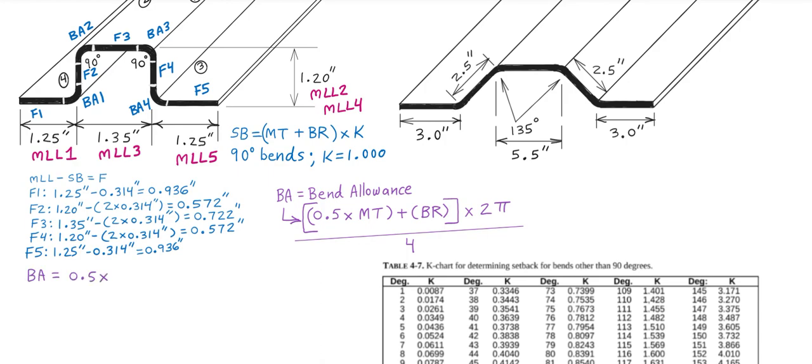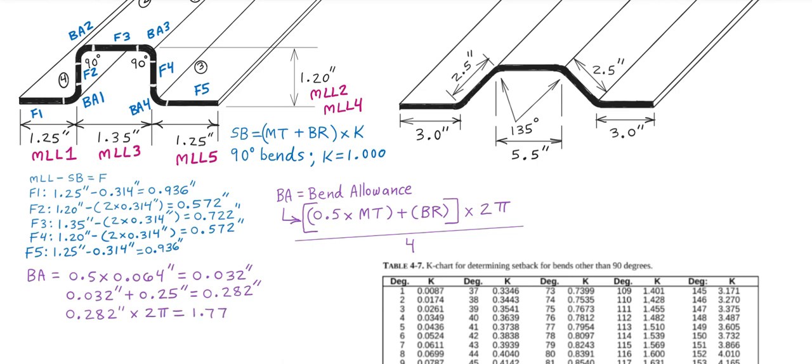So we will take 1/2 the metal thickness, 0.064 inches. So we get 0.032 inches. Then we would add this to the bend radius, 0.25 inches. Then we get 0.282 inches. Then we multiply that value times 2 pi.